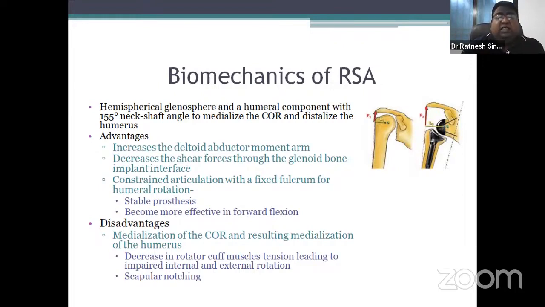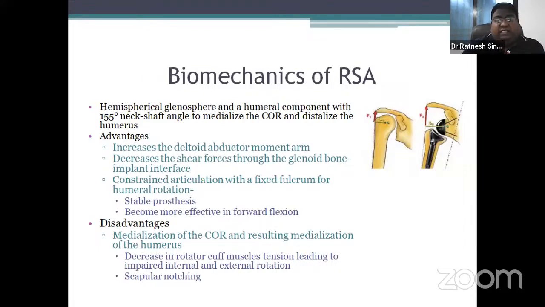One is a decrease in rotator cuff muscle tension that leads to impaired internal and external rotation. Even in rotator cuff arthropathies, with tears of the supraspinatus and infraspinatus, internal and external rotation in reverse shoulder arthroplasty actually rely on the function of the rotator cuff, because the deltoid doesn't help in internal and external rotation.